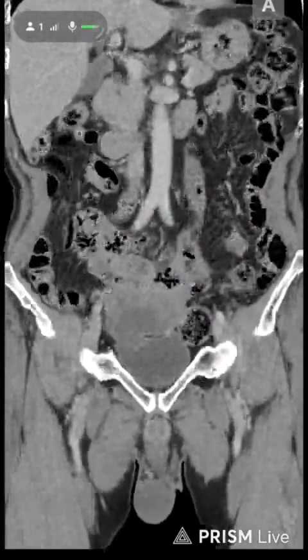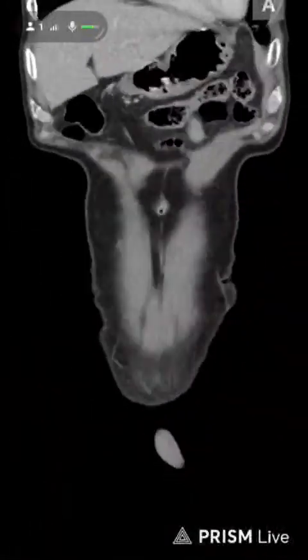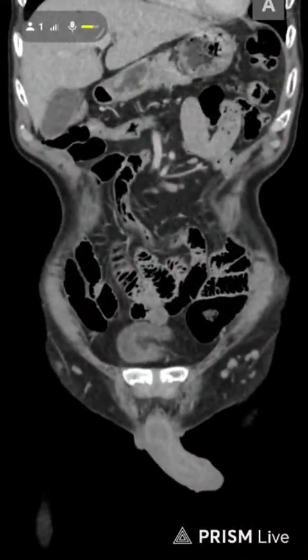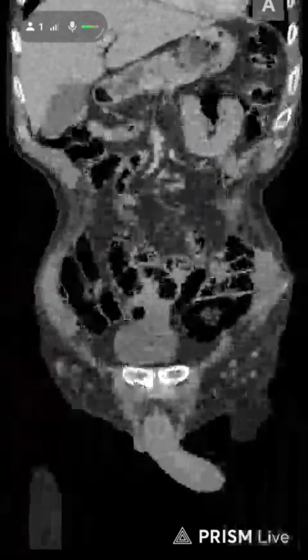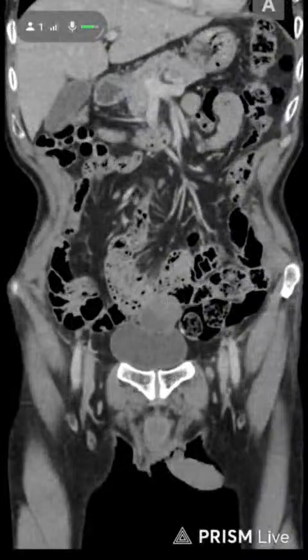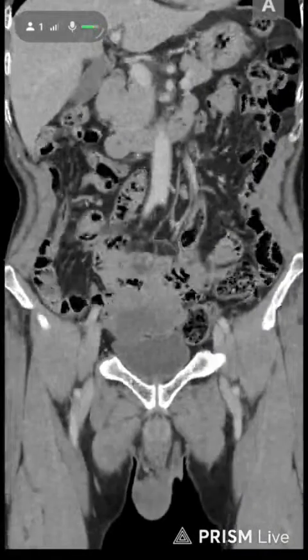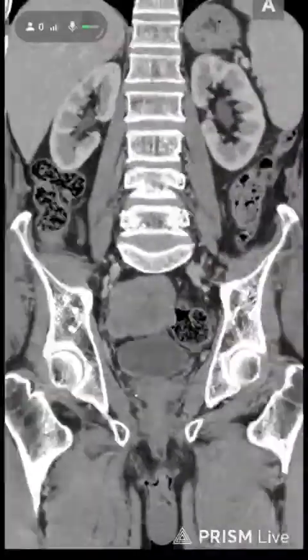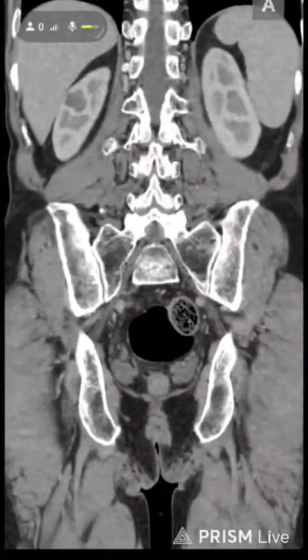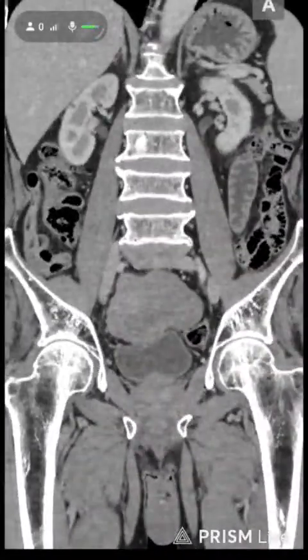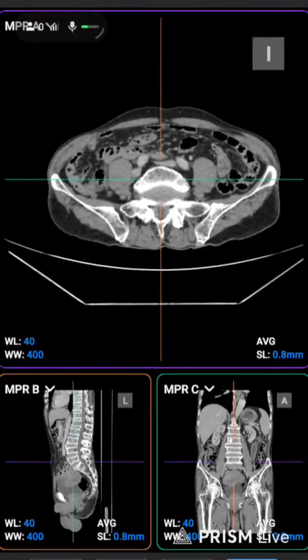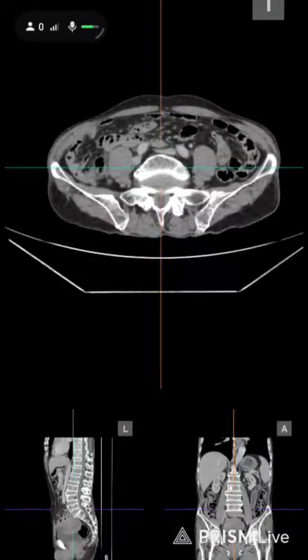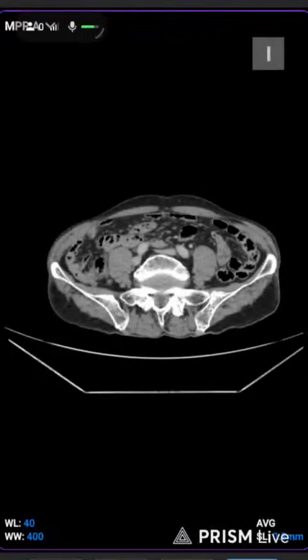The image looks pretty good in the 0.8 mm image. In coronal it looks pretty good. Right now I don't know what the diagnosis or the problem is in this patient.